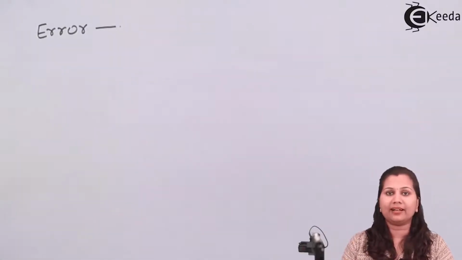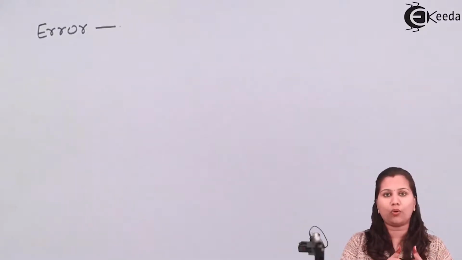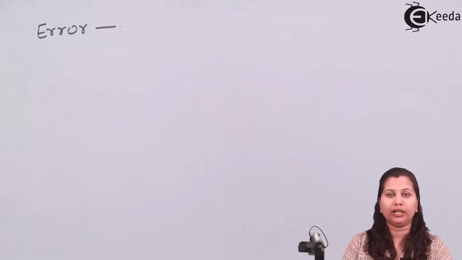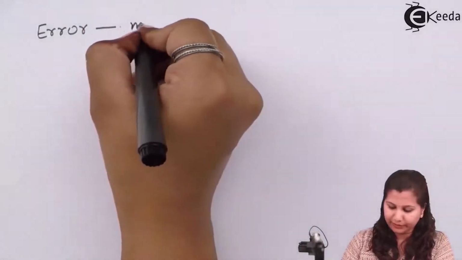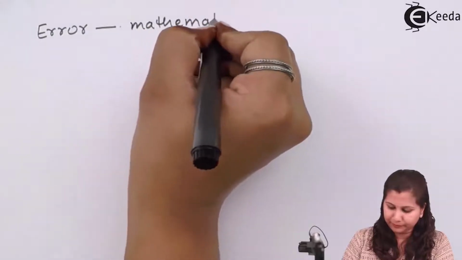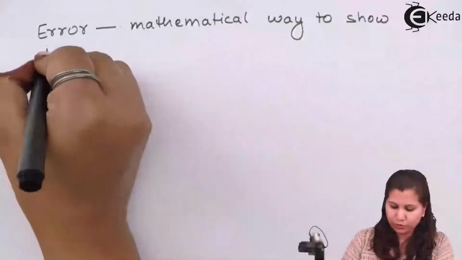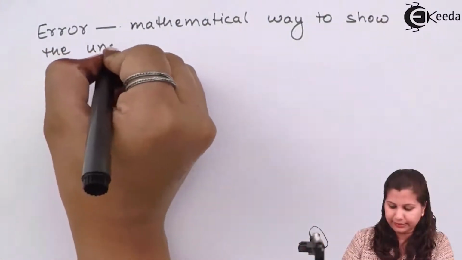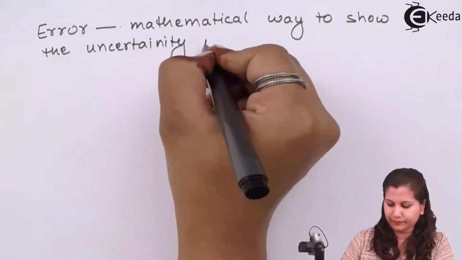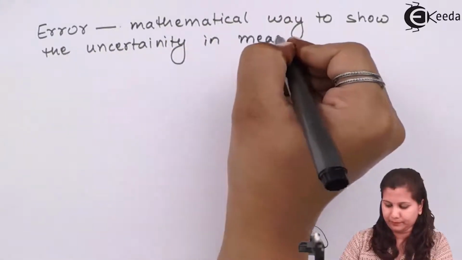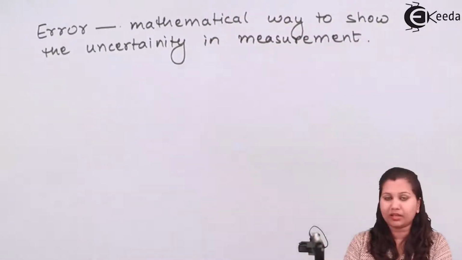But error is that we are getting a value which is different from the actual value of the unknown quantity. So we can say that error is a mathematical way to show the uncertainty in measurement.